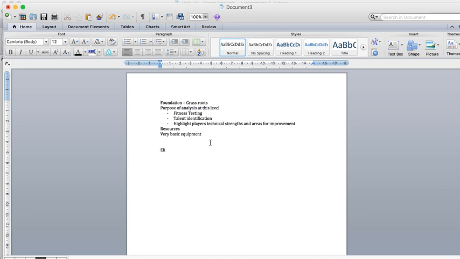What we then need to do is look at a comparative level, so elite level, i.e. Premier League, and then you need to think about the purpose of analysis at Premier League level.